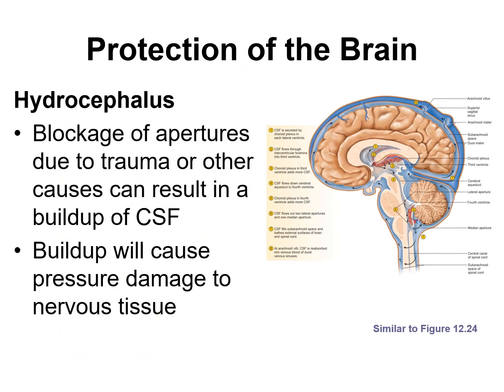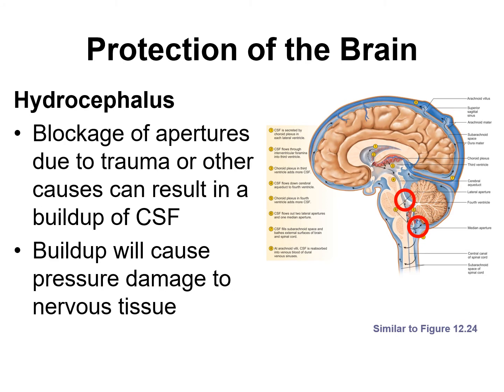Sometimes there is a reduction in the reabsorption of cerebral spinal fluid back into the blood supply. This can be caused by a blockage of the apertures that allow cerebral spinal fluid to move from the fourth ventricle into the subarachnoid space. A reduction in the flow of cerebral spinal fluid into the subarachnoid space leads to a reduction in the reabsorption of cerebral spinal fluid back into the blood.